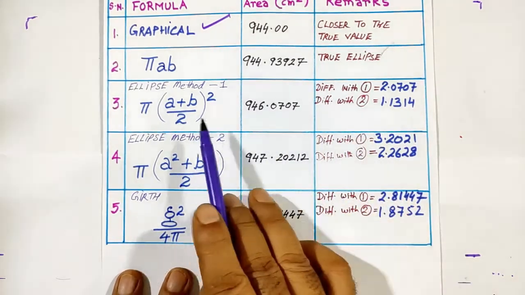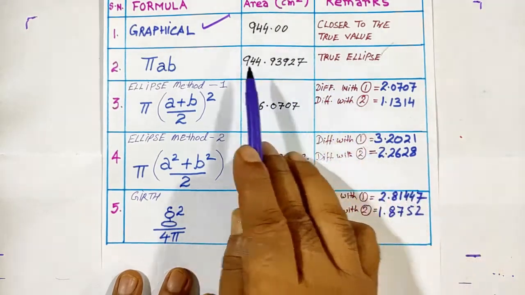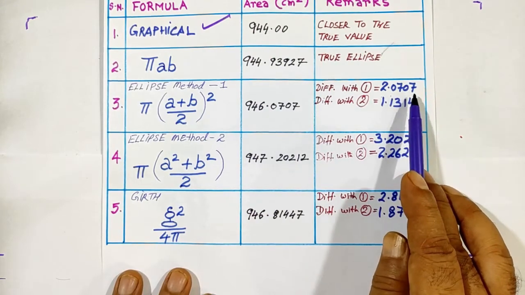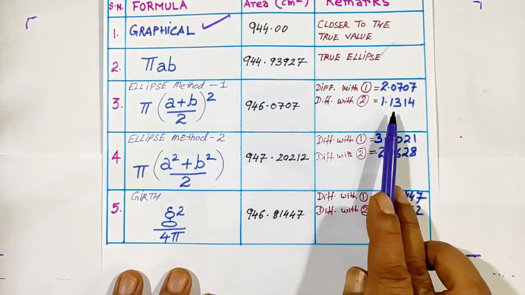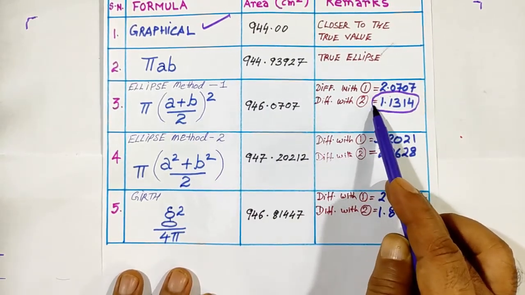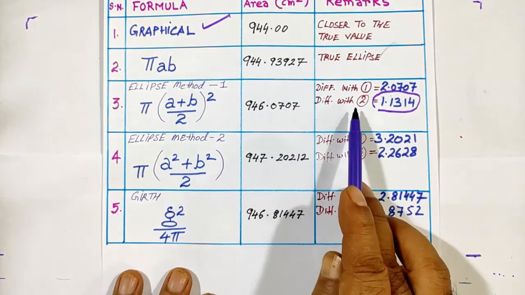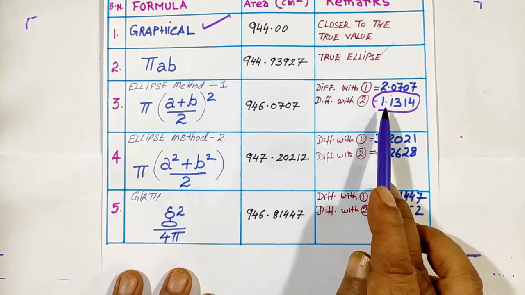Let's see ellipse method 1. The difference with the graphical comes to 2.0707, and the difference with the true ellipse comes to 1.1314. This much error is coming.